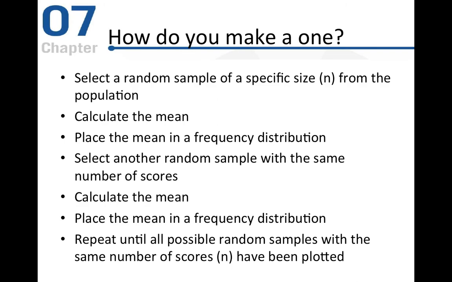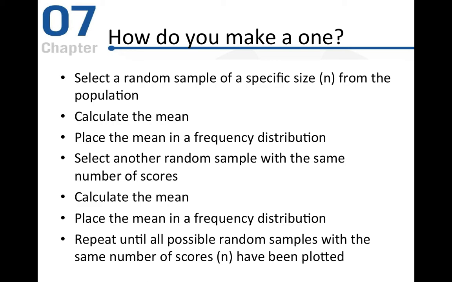So how do you make one? Exactly like I just went over. You select a random sample of a specific size from the population. So let's go with 30. You calculate the mean. You place the mean in a frequency distribution. You select another random sample with the same number of scores, N of 30.